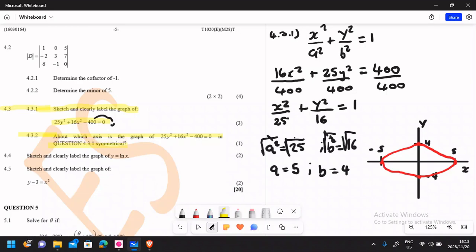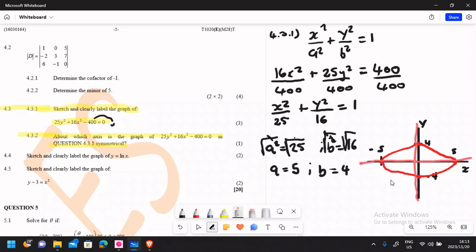symmetrical, right? So the question is, in which axis is this graph here symmetrical? Remember, how many axes do we have here? We have 2 axes. We have the y-axis and the x-axis.